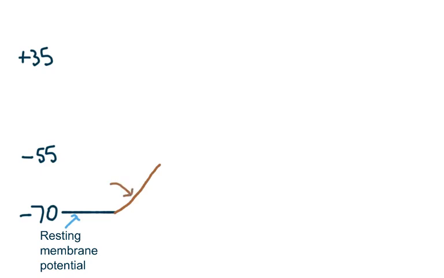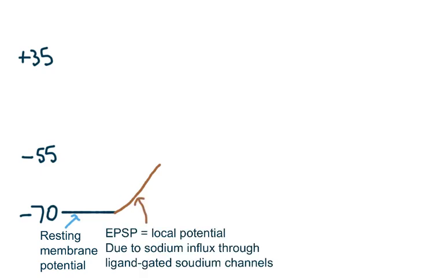It's an EPSP. All right, so the sodium that is coming in at that point is coming through ligand-gated sodium channels. Remember, the ligands that most likely open these channels were neurotransmitters released from another neuron, although there are some other reasons as well. Okay? And the sodium comes in, and if it never makes it to threshold, nothing will happen.